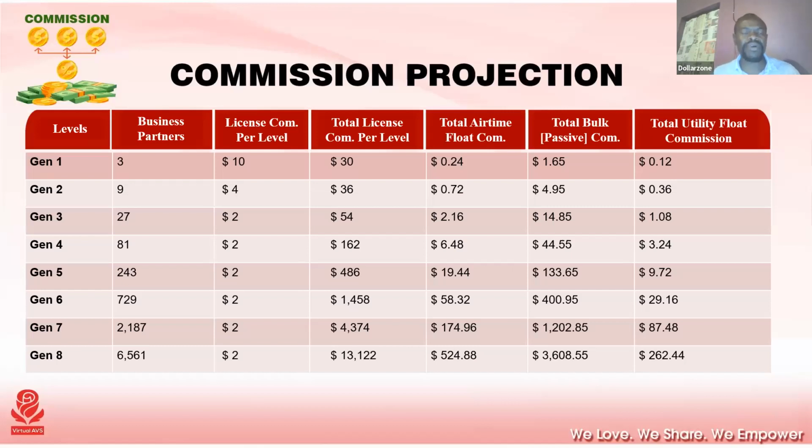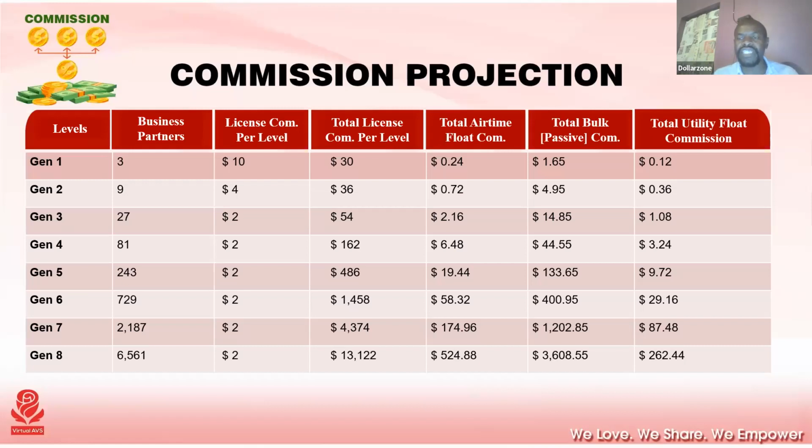These 3 people load their airtime, roughly on some figures, 0.24% will be paid to you just from 3 people. They buy passive, they registered for the passive income. Remember, 0.55 by 3 people, you have your $1.65. So just from a team of 3, you can do the totals of how much you'll be earning, or rather will have earned by the end of that season.